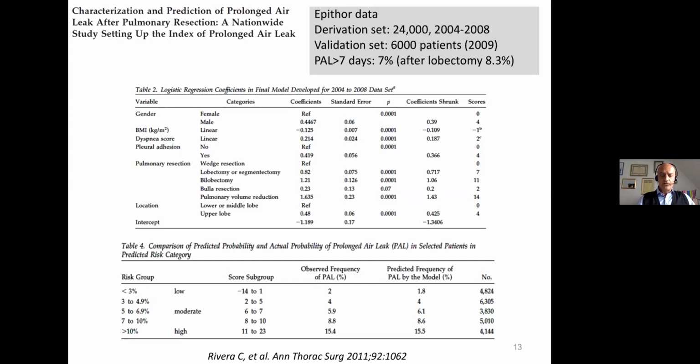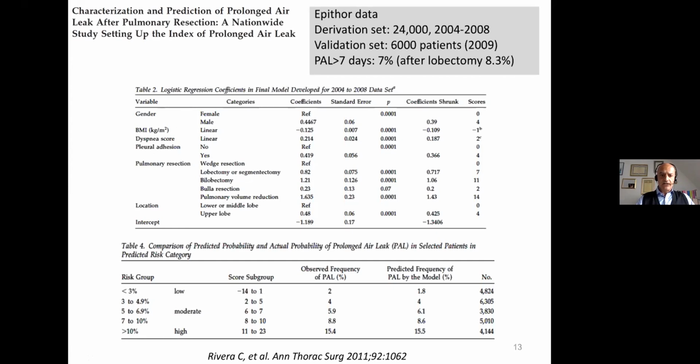But they were able to identify more or less the same risk factors, like, for instance, male gender, a low BMI, the presence of pleural adhesions, lobectomy over a smaller resection, and the upper side of resection.